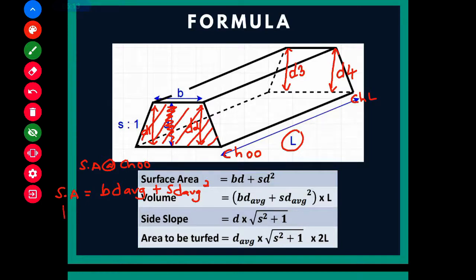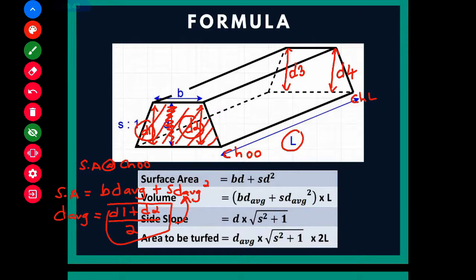Given that D average for chainage 0+0, you have D1 and D2, so D average equals D1 plus D2 divided by 2. After you get D average, you just substitute back inside this formula. So that is the surface area at chainage 0+0.